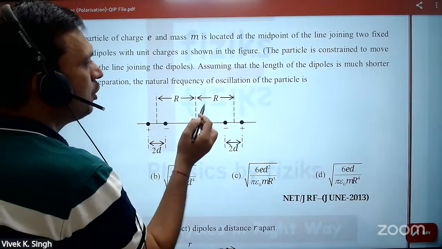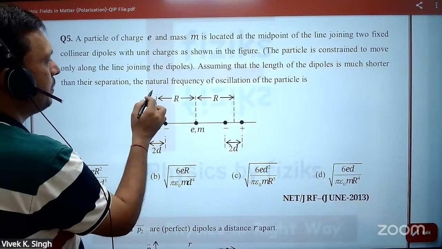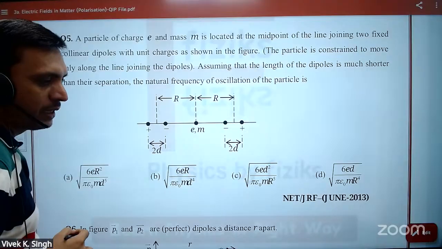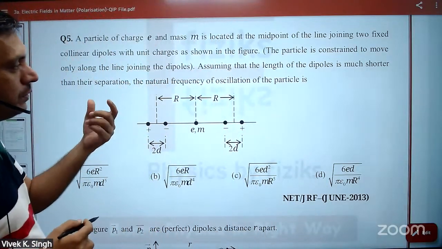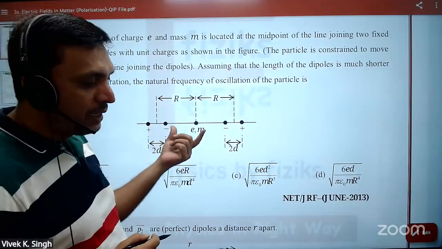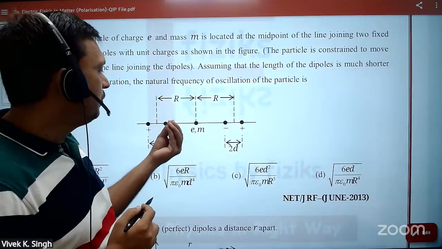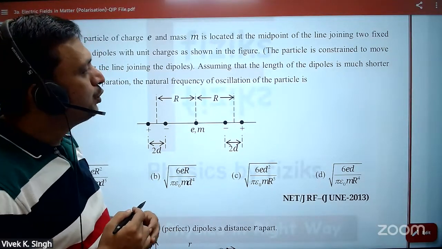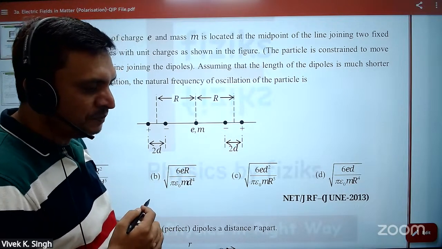Assuming that the length of the dipole is much smaller than their separation, the natural frequency of oscillation of the particle is? When the particle is performing simple harmonic motion, what will be the frequency of oscillation of this charge? You have to use the concept of simple harmonic motion.